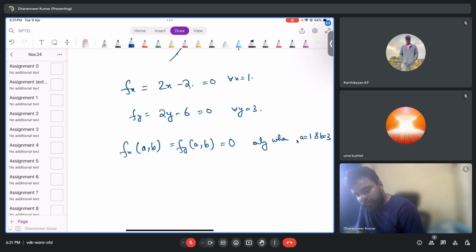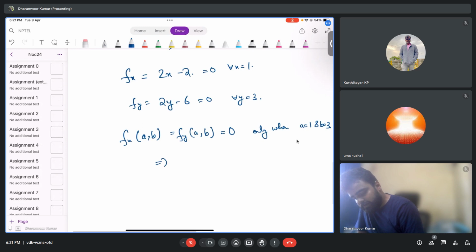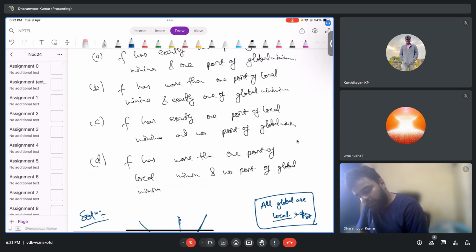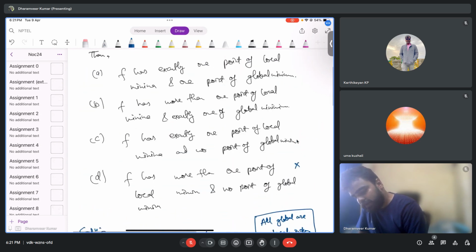So that implies 1 comma 3 is the only critical point. Okay, so you cannot have more than one local minimum.